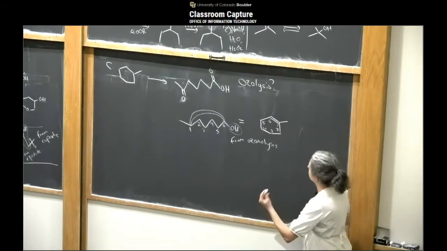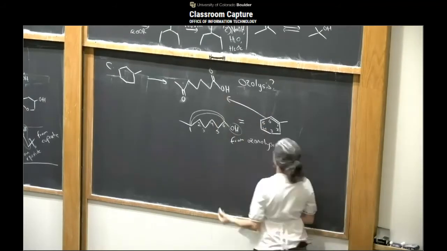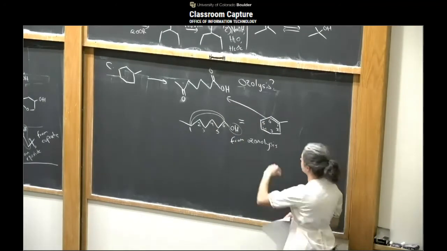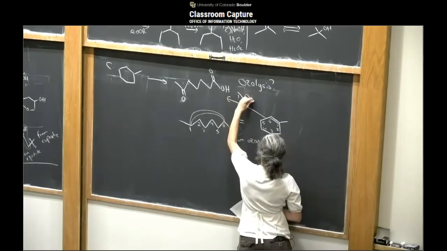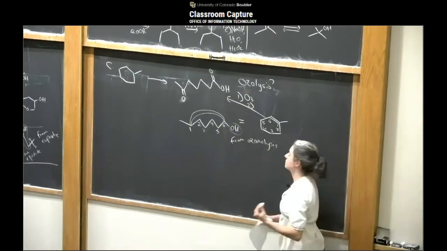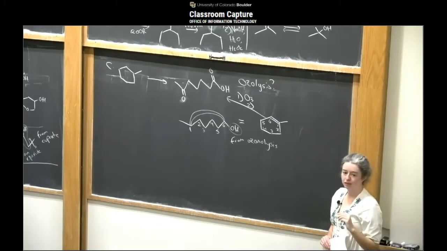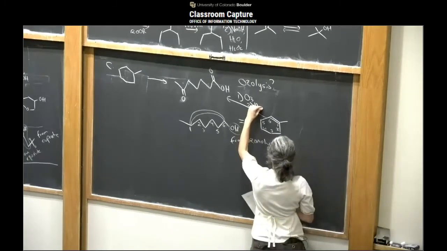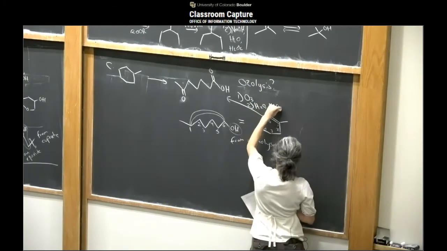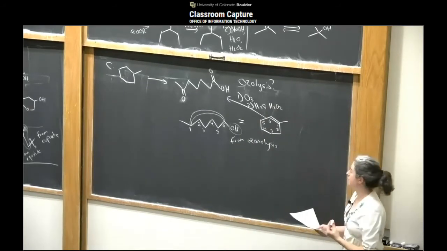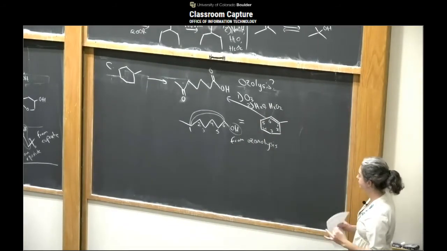Okay, so if I wanted to go from here to here, I would do step 1, O3. What am I going to use for step 2? Yep. Water, preferably with peroxides in there just to speed it up.